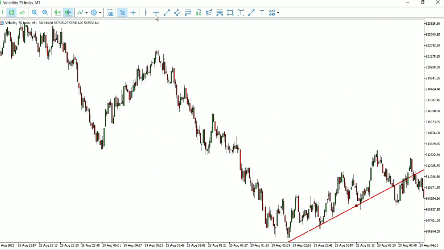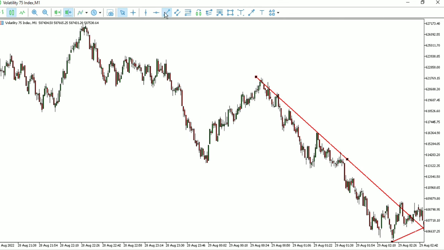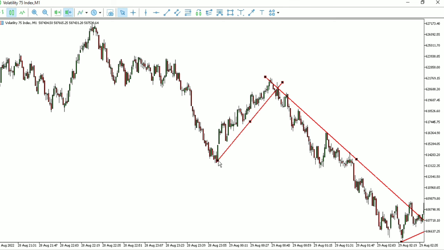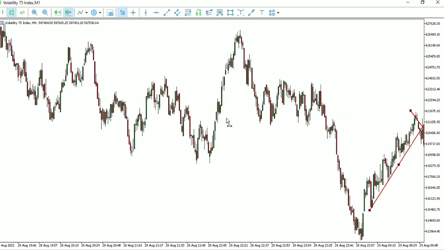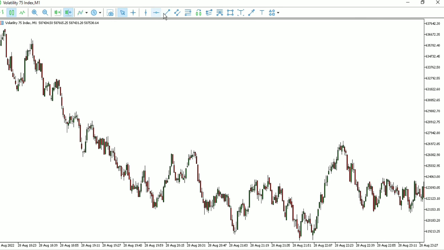All you need to do is be patient enough to wait for the break. Be patient enough to wait for the breakout of the pattern, right? If you see a market creating a good trend line, just be patient to wait for the breakout of that trend line.